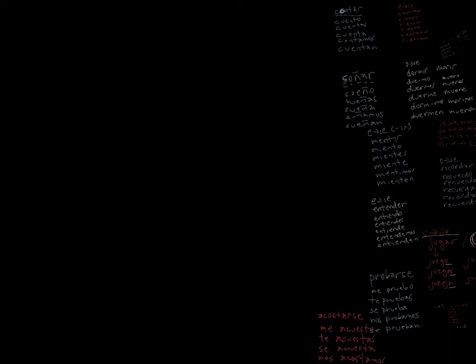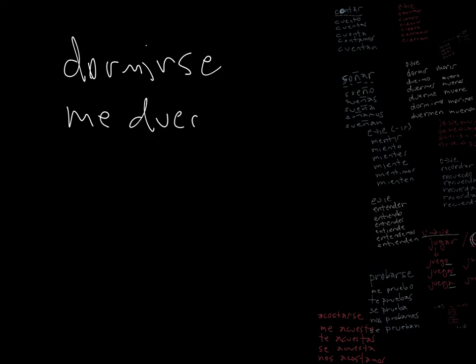Let's do to sleep. To sleep is dormir. Let's do to fall asleep. To fall asleep is dormirse. So if you say I fall asleep, me duermo. You fall asleep, te duermes. He falls asleep, él se duerme.